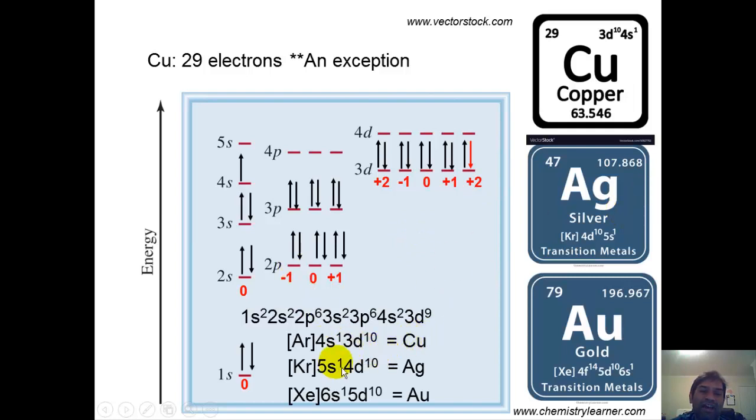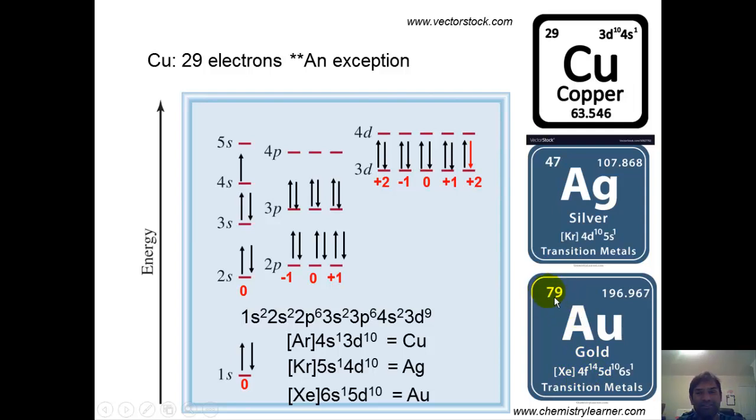Here we're going to promote one of the 5s electrons to make a completely filled 4d shell. And below silver is gold. We're going to promote one of the electrons from the 6s orbital to have a completely filled 5d orbital. Notice here in gold, we also fill up some of the f orbitals to get to 79 electrons.